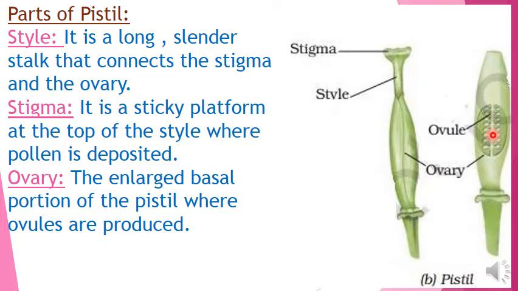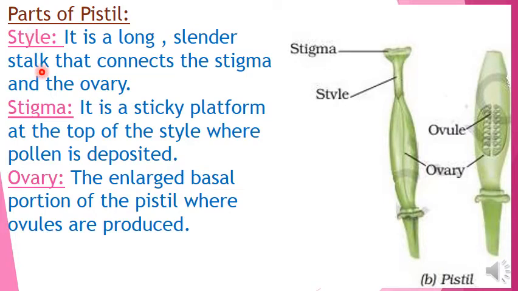When the male and female gametes fuse, it forms a zygote. Okay, the ovary converts into a fruit, whereas the ovules convert into seeds. This procedure is called fertilization. About this in detail you are going to learn in 7th standard. We just have to remember the male and female parts of the flower.